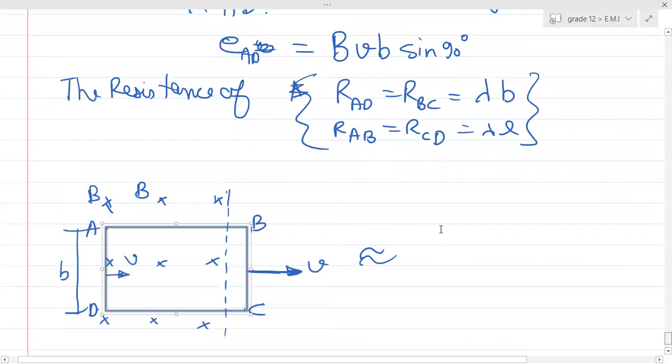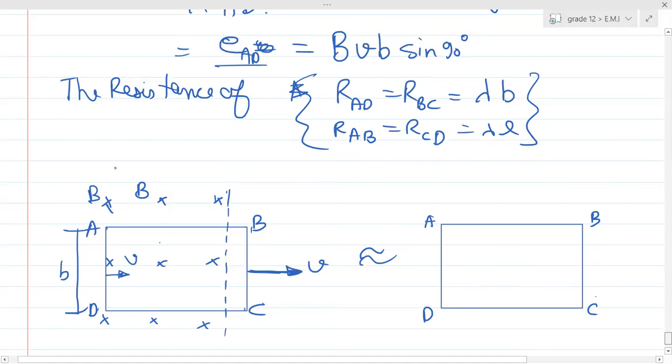See guys, this problem will shift from EMI to current electricity. Now, can you tell me if this is the EMF, which will be bigger, A or D?